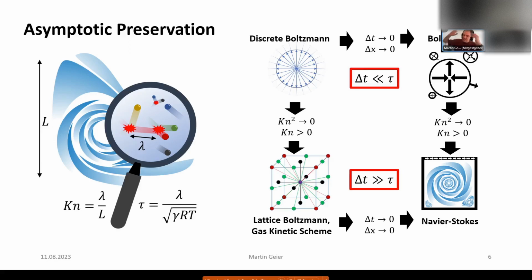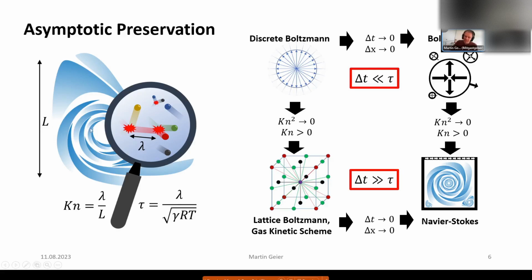Now the problem is, physicists are of course very happy with solving the gas dynamic flow. An engineer would usually say, okay, this doesn't make sense because my Knudsen number is usually small.